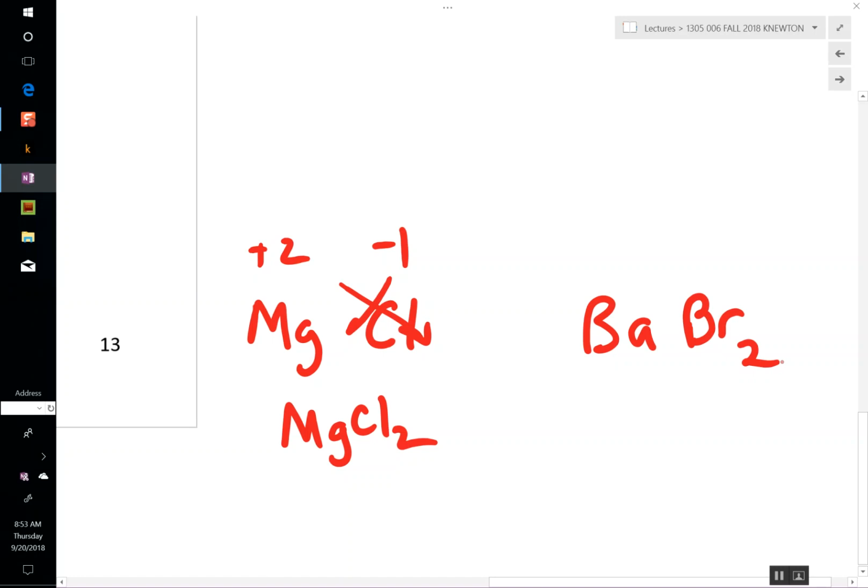You follow me? You can take any one of those with any halogen and you're going to get the same basic formula. You just got to put the right symbols there. A plus 2 ion with a negative 1 ion is going to be a 1-to-2 ratio of those ions. Has to be for this thing to come out neutral. That's what's going on here.